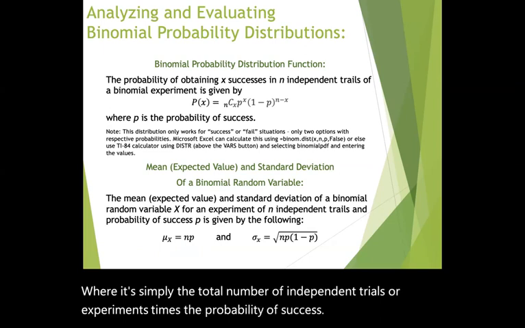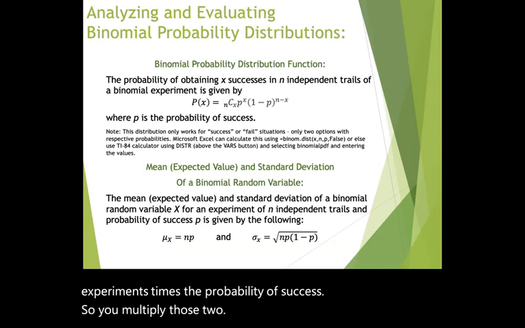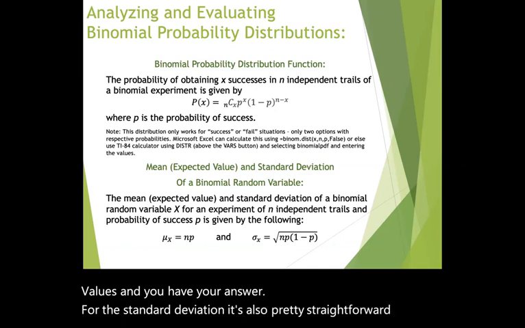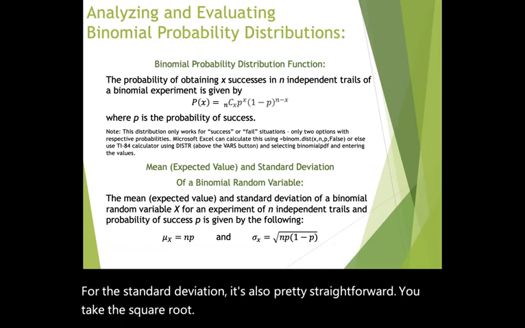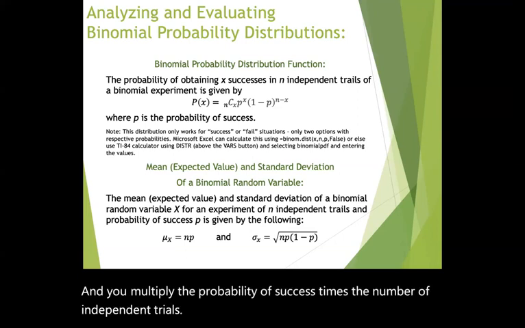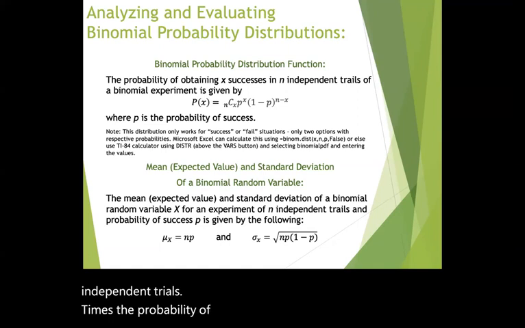So you multiply those two values and you have your answer. For the standard deviation, it's also pretty straightforward. You take the square root of the probability of success times the number of independent trials times the probability of failure, which is why we have 1 minus P.